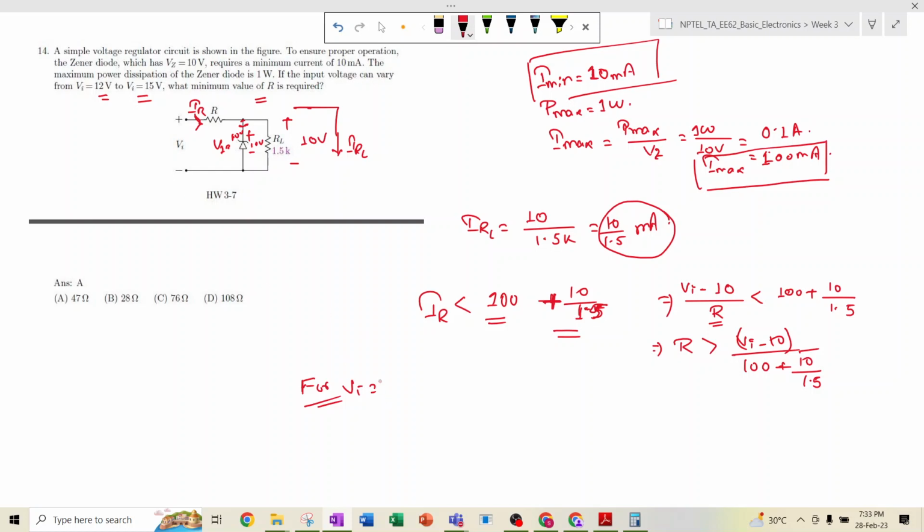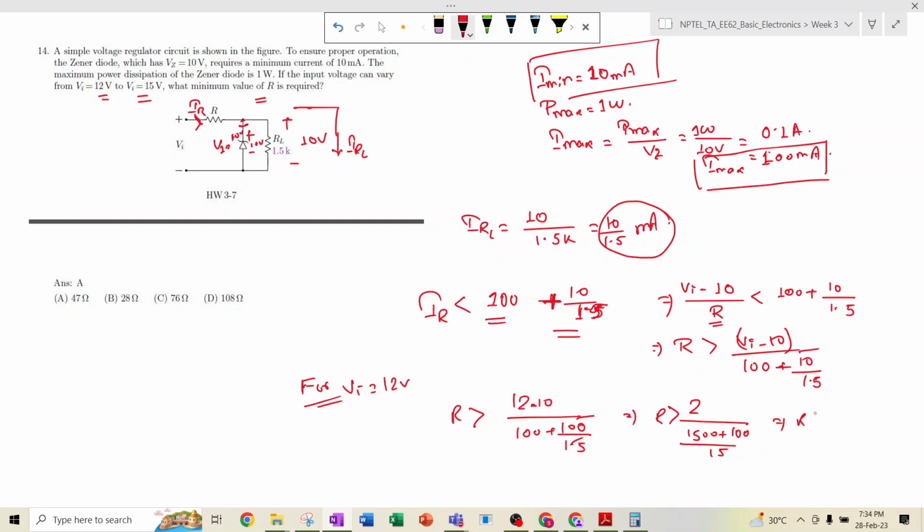So for Vi equal to 12 volt, the resistance R should be 12 minus 10 divided by 100 plus 10 by 1.5. So this is 100 plus 100 by 15, right? This is 12 minus 10, so R should be greater than 2 divided by 1500 plus 100 divided by 15.